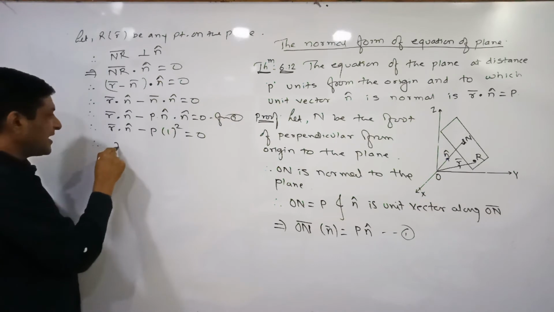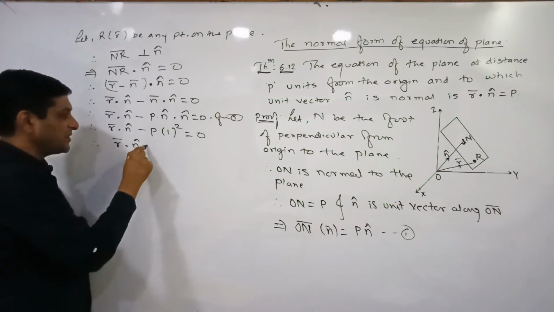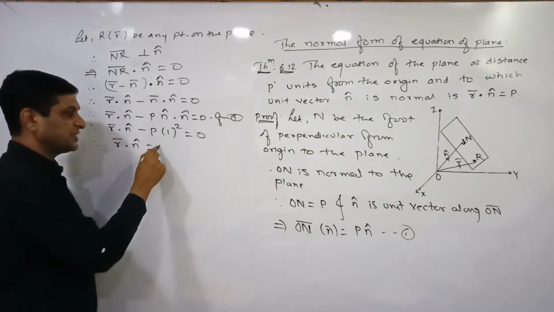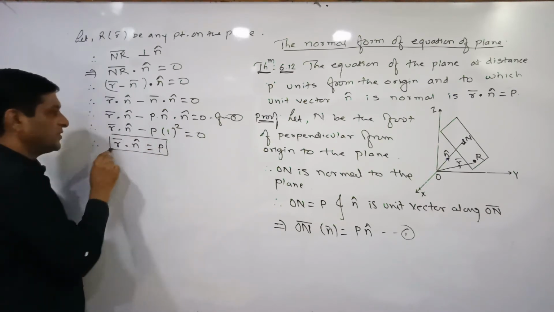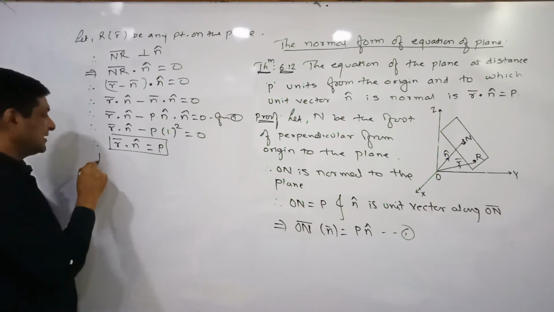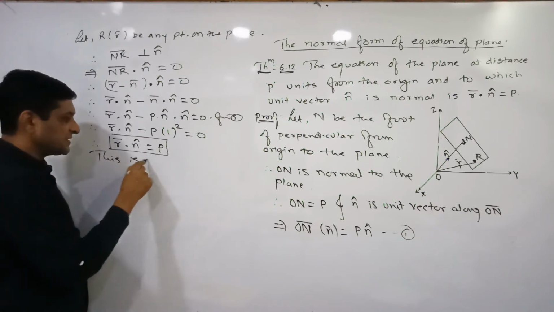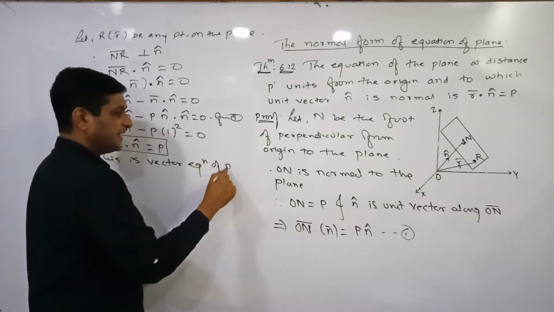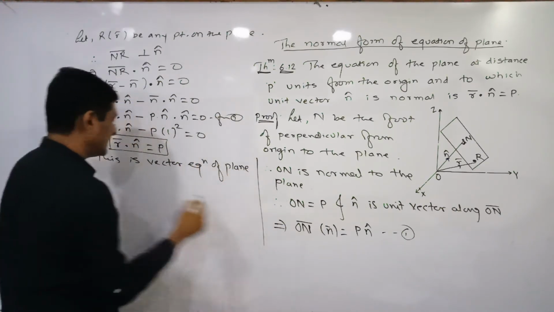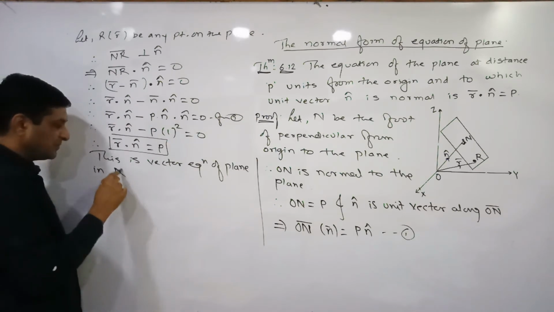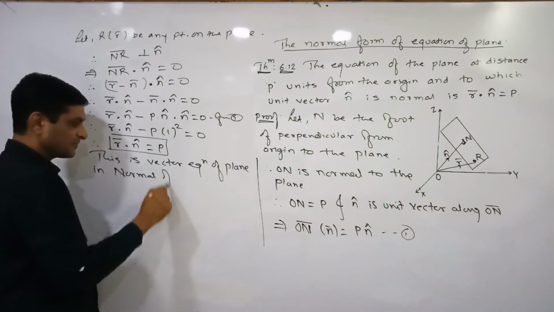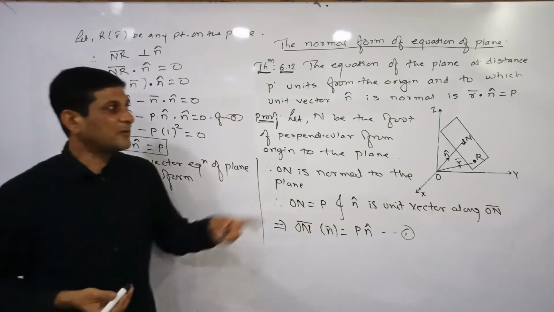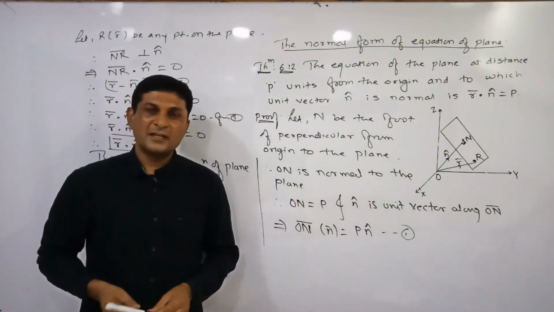So therefore R bar dot N cap is equal to 1 square, which is 1, 1 into minus P is minus P, and on this side it will become plus P. In this way we have got the vector equation of the plane, in normal form. In this way we have got the required vector equation of the plane in normal form.